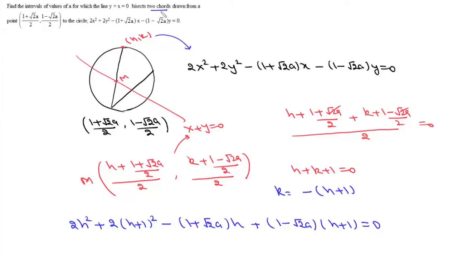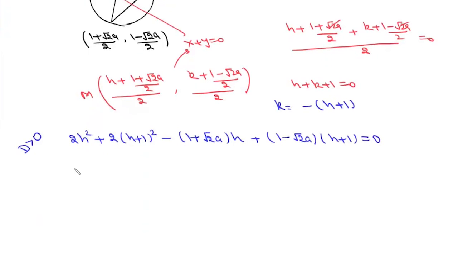First we'll simplify this equation. We write 2h square plus 2h square plus 2 plus 4h, and then minus (1 plus root 2a) h and plus (1 minus root 2a) h. So there will be minus 2 root 2a h and plus 1 minus root 2a equals 0.